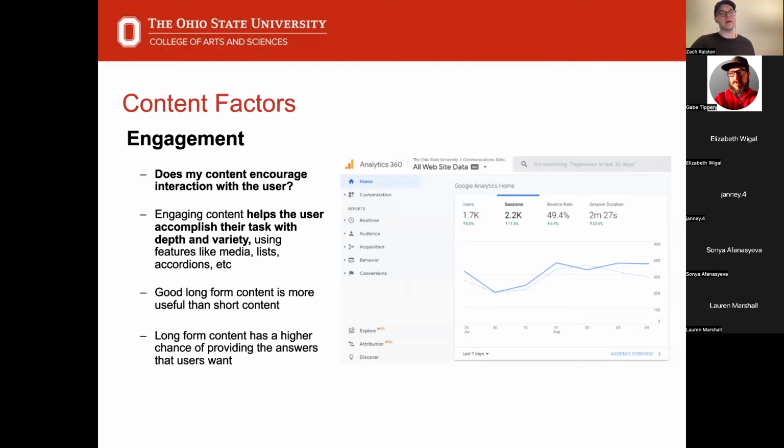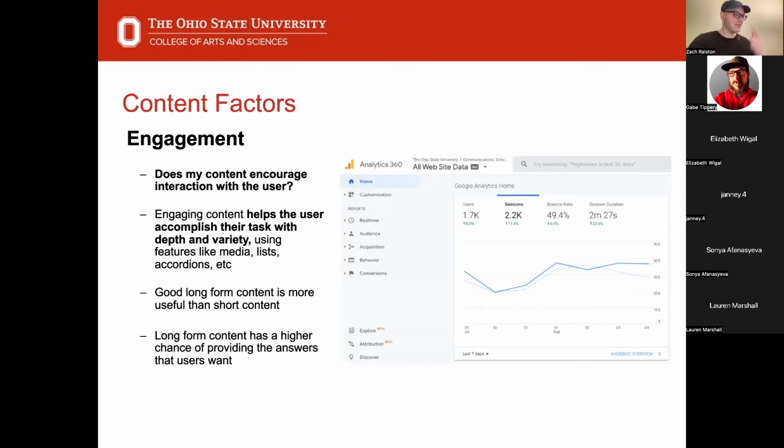So instead of just having short or long form pieces of text, this would include adding some multimedia like graphics, video, things like that, social media, using lists, accordions, basically anything that encourages a user to use more of your content and interact more with your web page. This is what we would consider engagement.